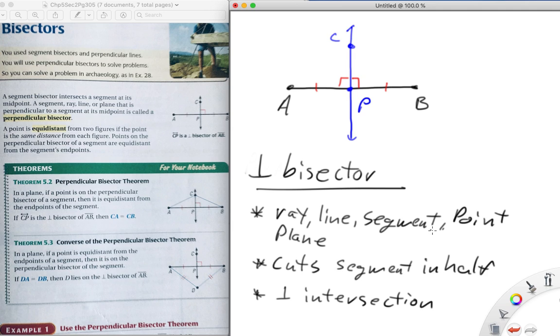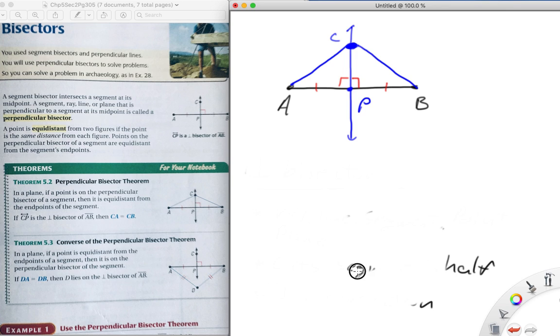If I know I have a perpendicular bisector, and there's a point on that perpendicular bisector, this point C, if I connect it to the endpoints of the segment, then I can say that these are equidistant. Equidistant meaning they're the same distance.